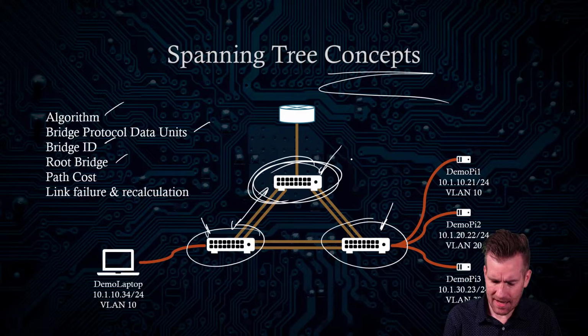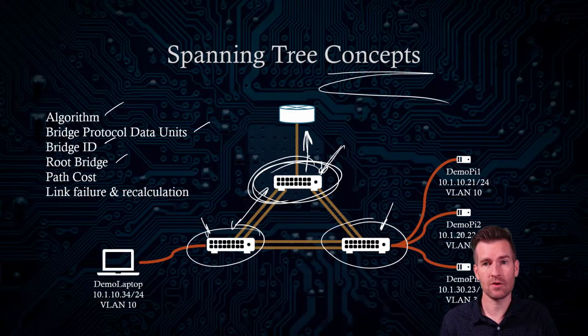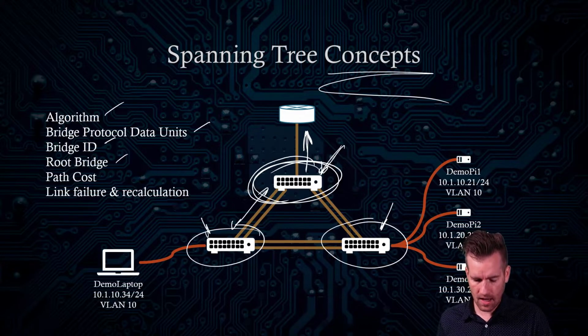In this network right here, I want everything to be going through this main switch because it goes out to the rest of the world and then is routed into other networks. So I want this to be the main bridge, or the root bridge. And we'll talk about how to make that happen.